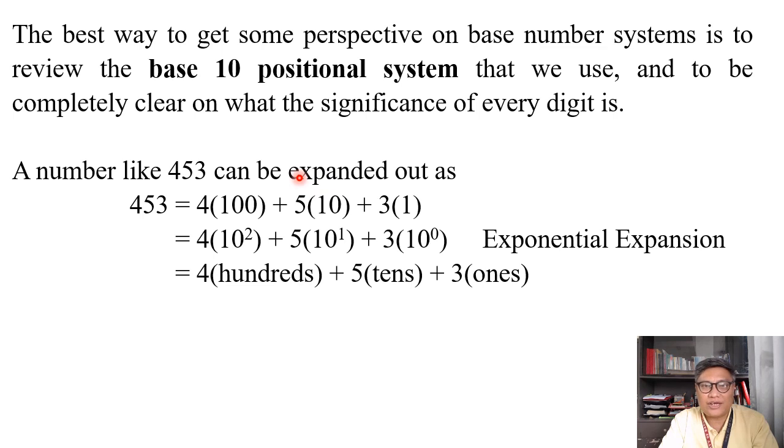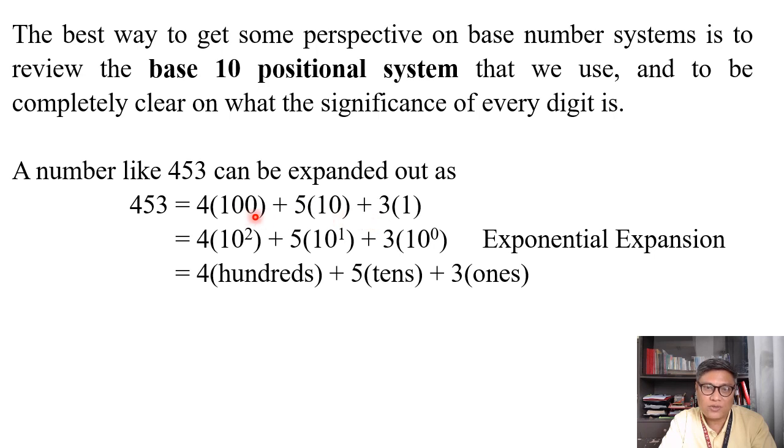The best way for us to get some perspective on the concept of base number systems is to review how our decimal system, or base 10 positional system, works. Say, for example, if you have 453, we can rewrite it as 4 times 100 plus 5 times 10 plus 3 times 1.